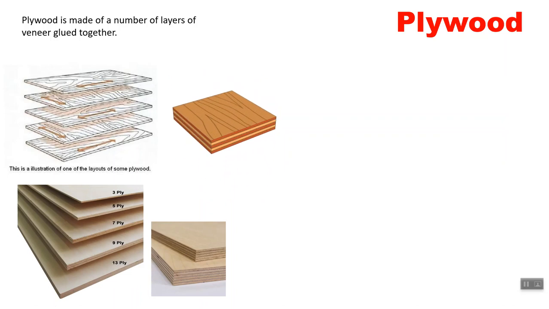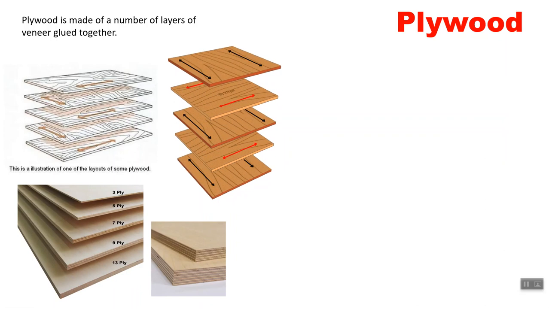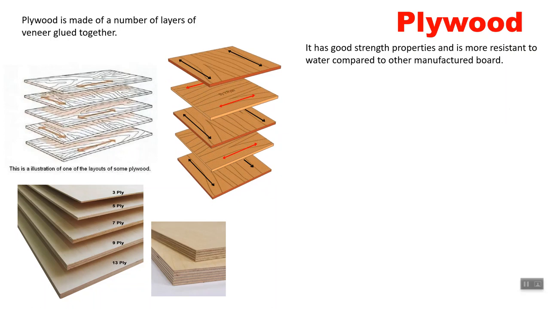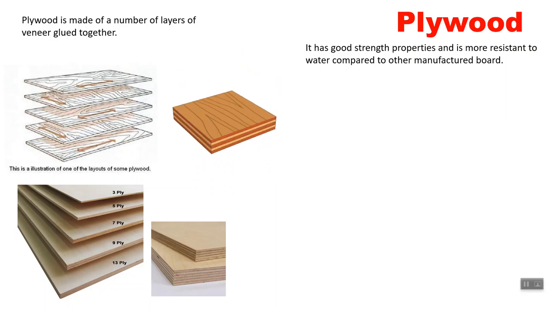There are different thicknesses of plywood. The smallest one is made up of 3 plies, and it goes up to 13 or even 15 plies in some cases. It has very good strength properties and is more resistant to water compared to other manufactured boards.